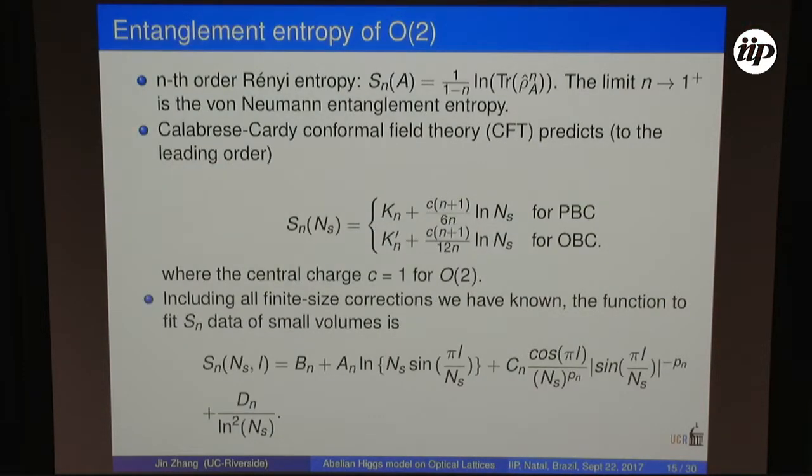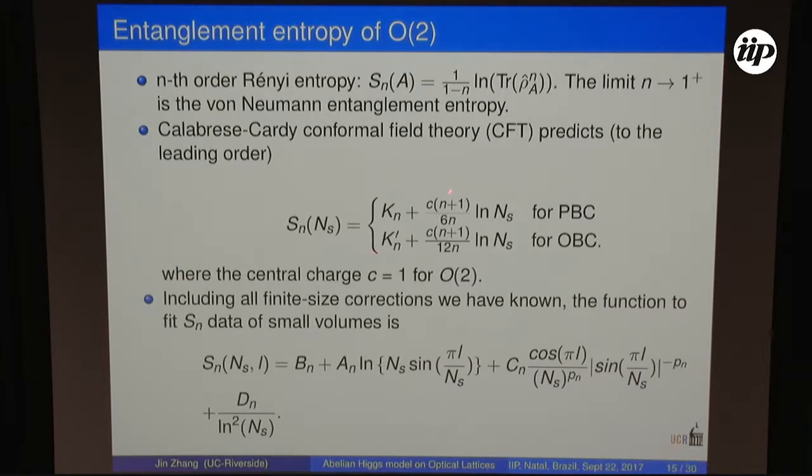Now we will calculate the entanglement entropy. First, let's introduce the nth order Renyi entropy. It's like this. The limit n goes to 1 is the von Neumann entanglement entropy. Calabrese and Cardy predict that the nth order Renyi entropy behaves like this.